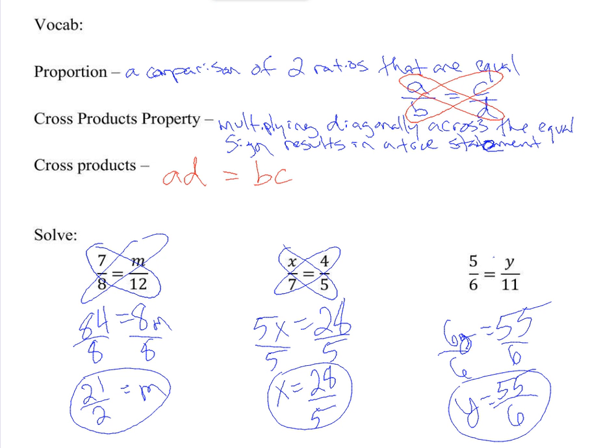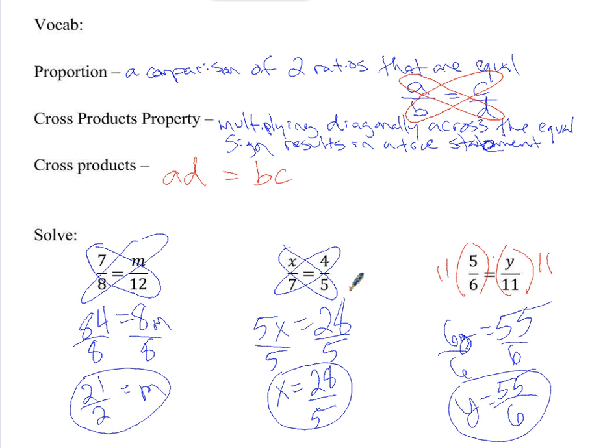A different way to solve this problem would be to just say, I got to get y by itself, right? So how do I undo dividing by 11? Multiply by 11. And when I do that, I have 11 times 5, which is 55, divided by 6. Same answer. Over here, I want to get x by itself. What do I do?